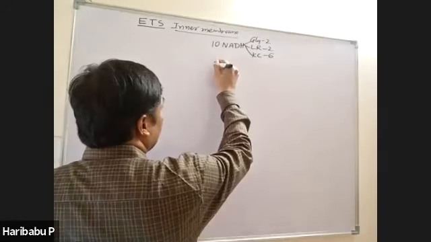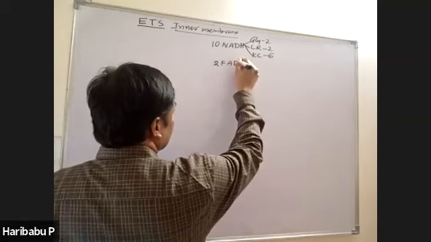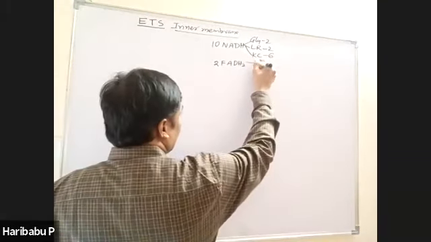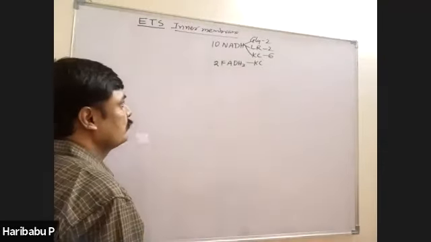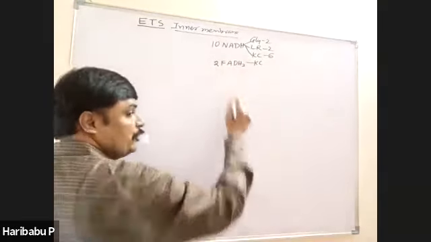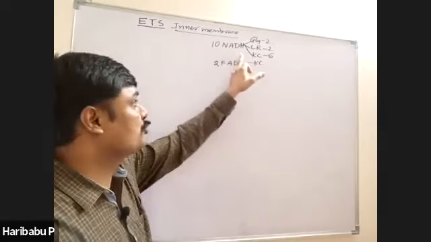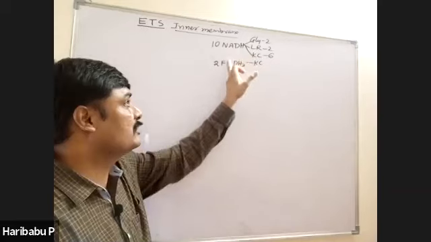How many FADH2 are formed? 2 FADH2, and these are only formed in the Krebs cycle. These are called reduced coenzymes, that is NADH and FADH2.